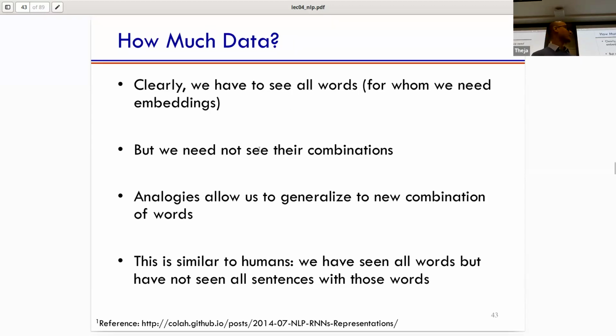But remember, we are trying to embed each word, and we want semantic information captured in the vector representations. We don't have to see combinations of every word.